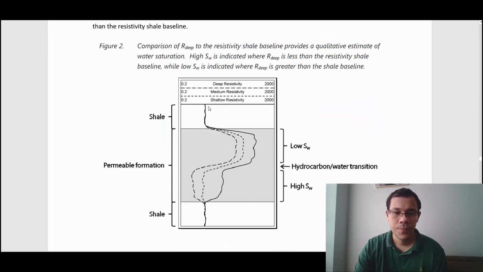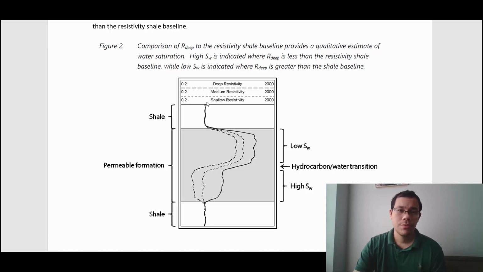Check this out. In this case, this is a resistivity tool. You're having the same reading on shale, then a deflection occurs in your resistivity curves, and then you're reading the same thing on shale.